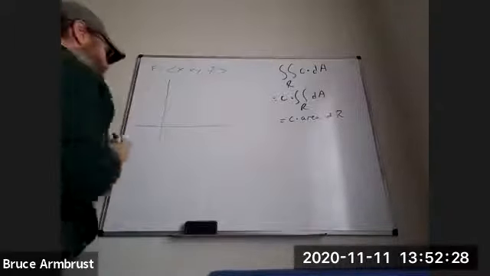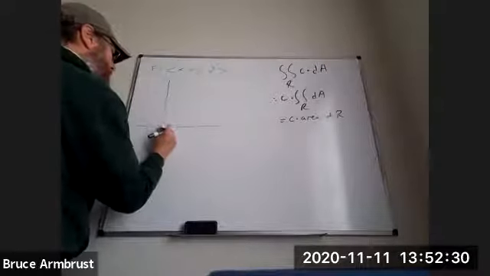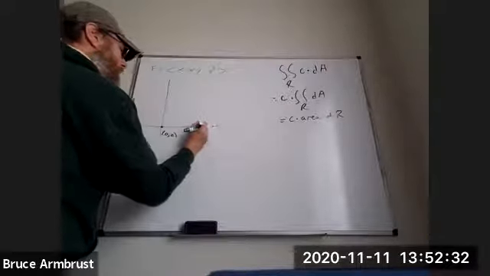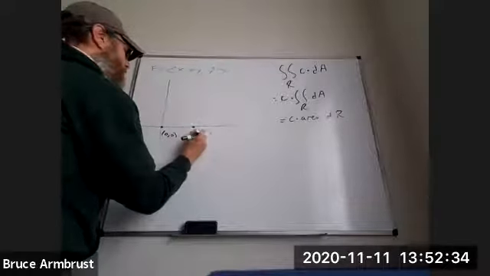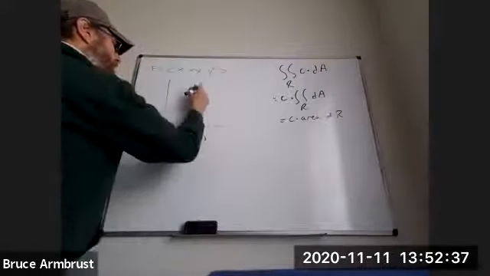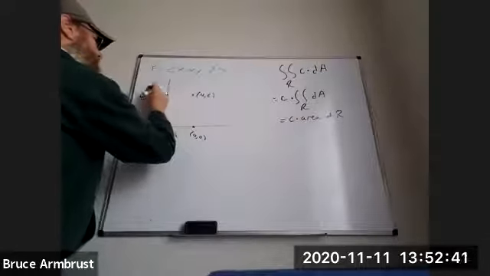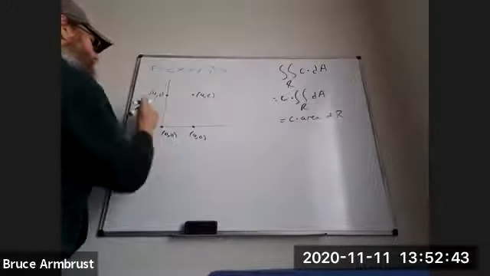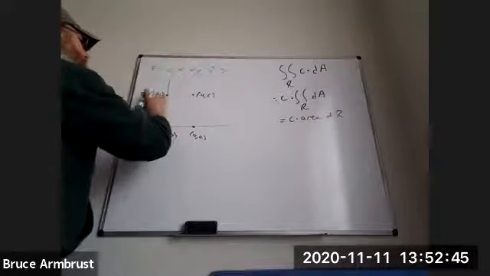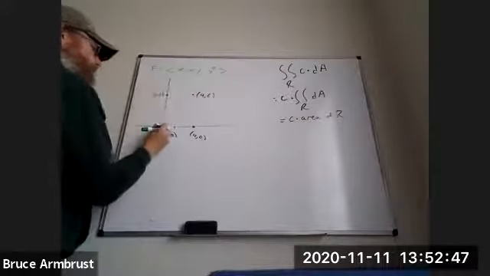We're going to go from 0, 0 out here to 4, 0, then up to 4, 6, then over to 0, 6, and then back to the origin.